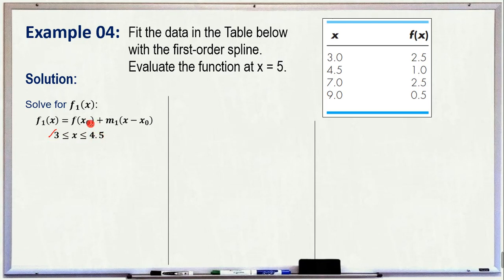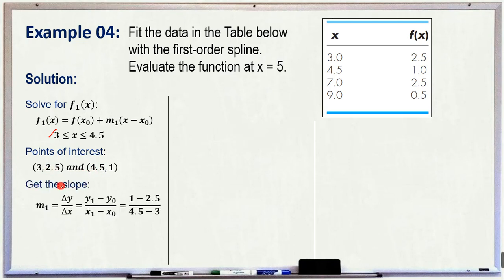Next, we're going to solve for the three functions, starting with the first one, f1 of x. So this is the format of our first function with domain from 3 to 4.5 inclusive. Now, as you can see, f of x naught is already defined and also the value of x naught. So our problem is only the value of our slope m1. The points of interest for the first function are the 2 points (3, 2.5) and (4.5, 1). Now we're going to get the slope using these 2 points.